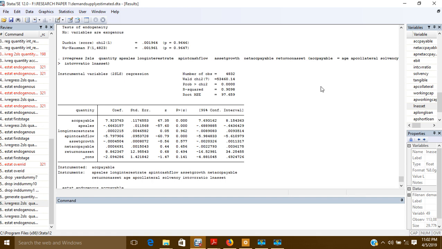So it is very important that the instrumental variables which we are going to use instead of the endogenous variable should not be correlated with the error term.